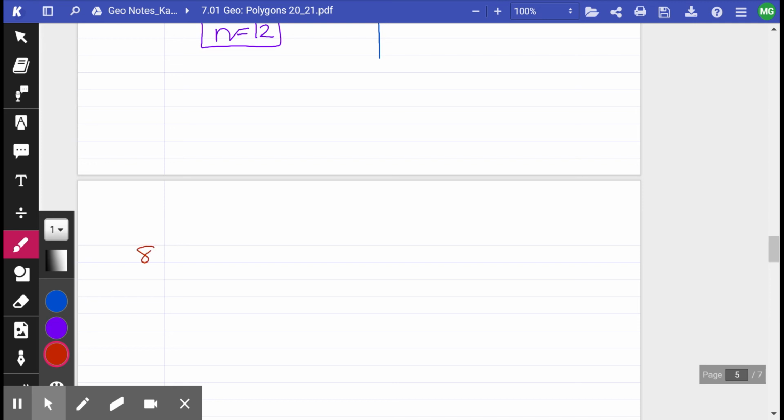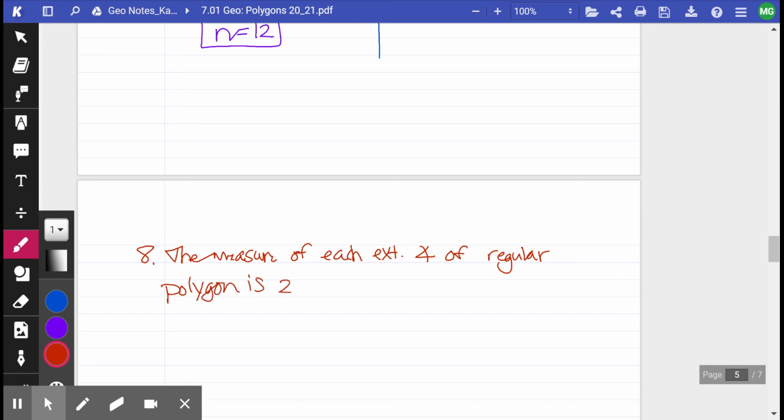Okay, number 8. I'm just going to give you guys a couple to do completely on your own. The measure of each exterior angle of a regular polygon is 24 degrees.